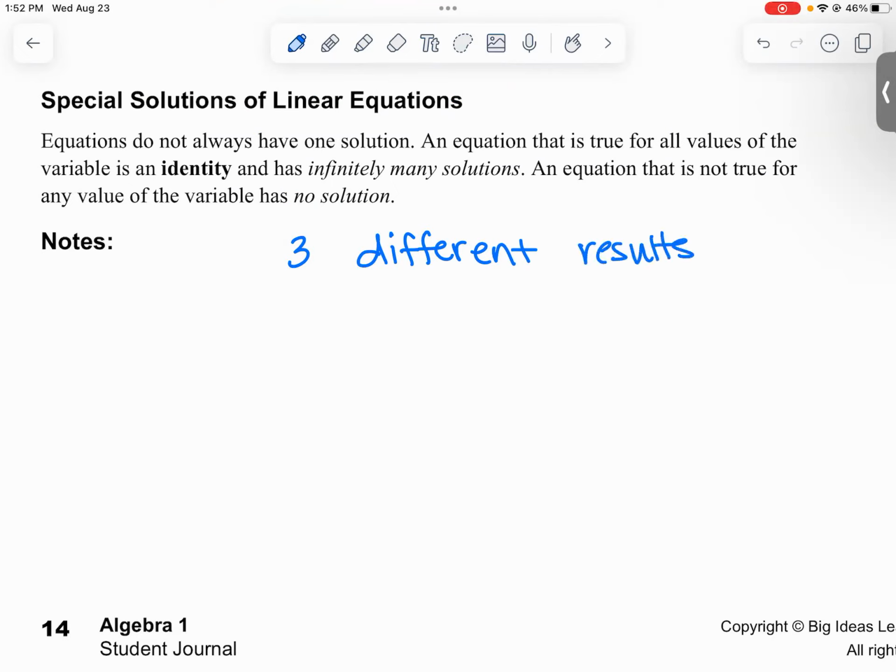So it is possible that we get one solution. That's what you've been doing for the past 3 days. You've been solving for X and you get one answer.